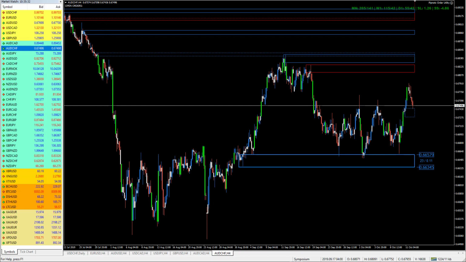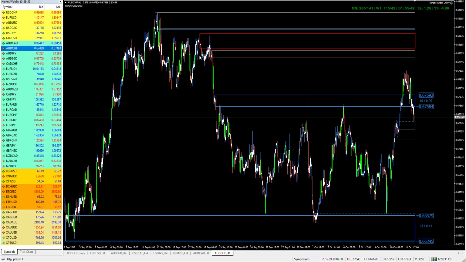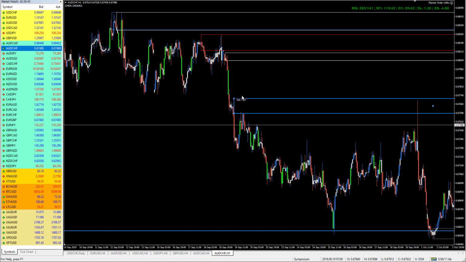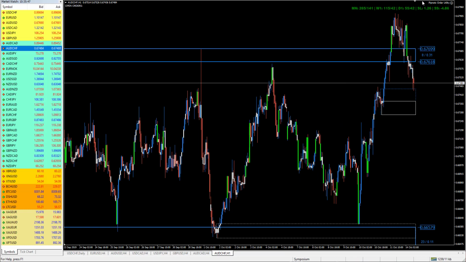And here we have something in here. Hourly. Here it is. Tested, tested. Now it's gone. The area that did it is this one. Price tested it, bounced. Now we're coming back down here.